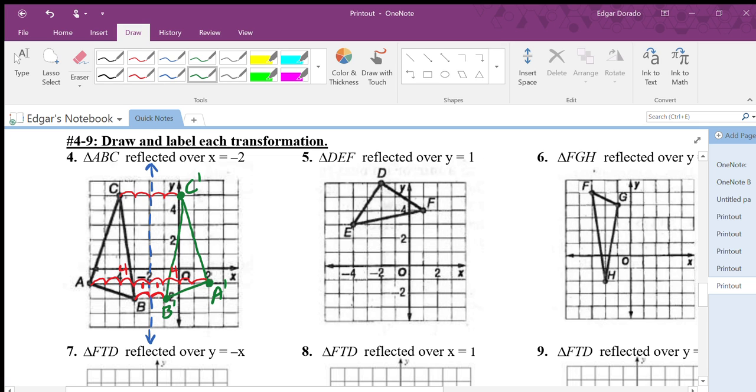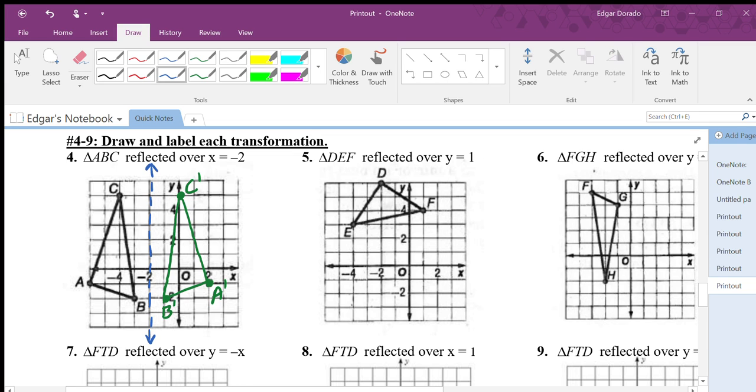If I get rid of all of this other stuff that I counted, I can see now that I have my proper reflection. All right. So that is the reflection over the line x equals -2. Notice they are the same distance from that line of reflection.